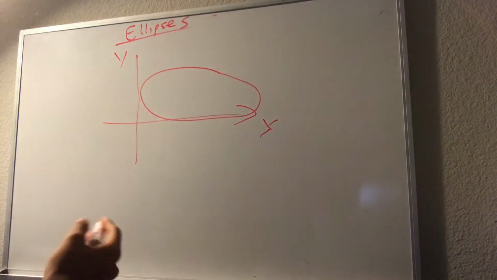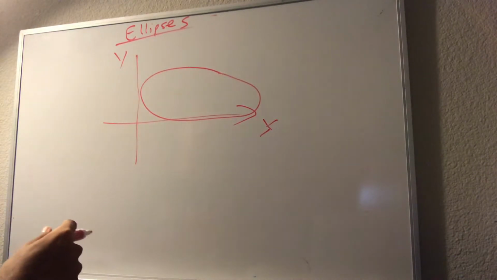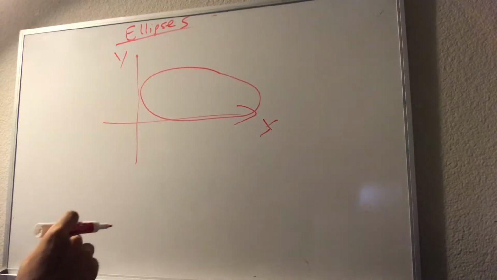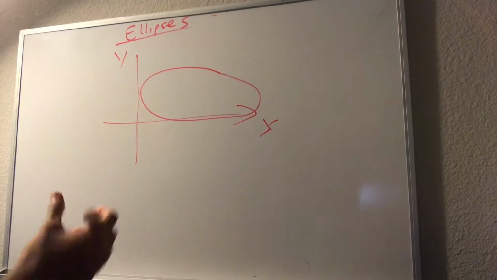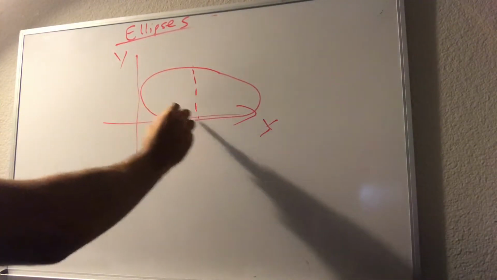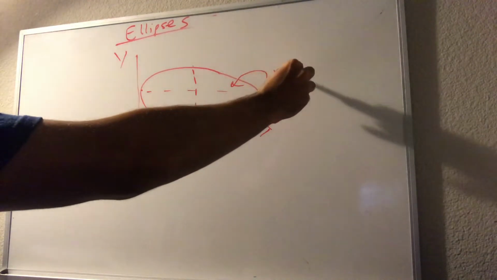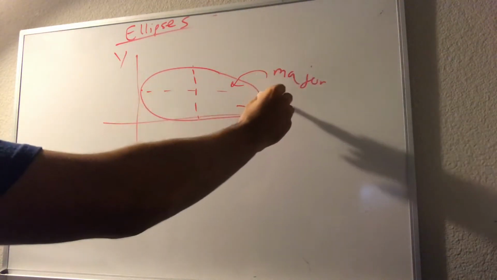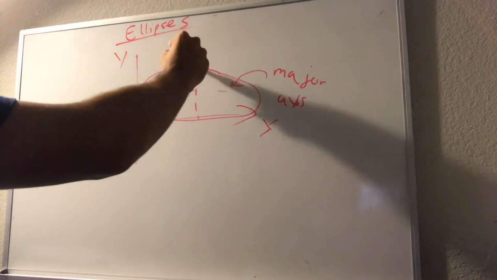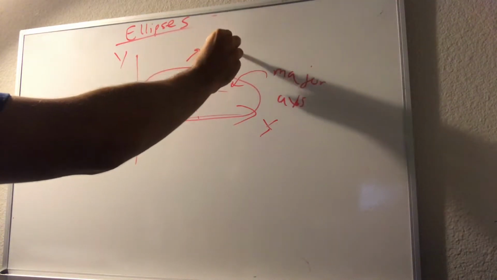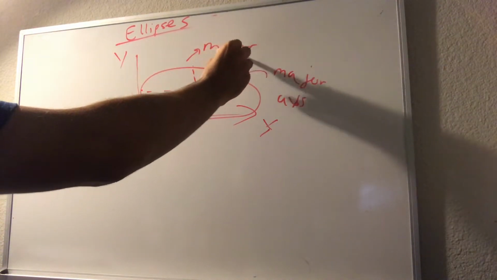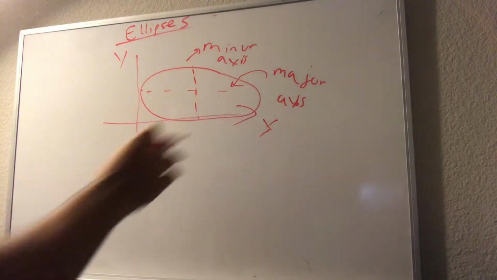It's more like an oval, a circle-ish figure. In terms of terminology, this is the major axis, and this one right here will be the minor axis.